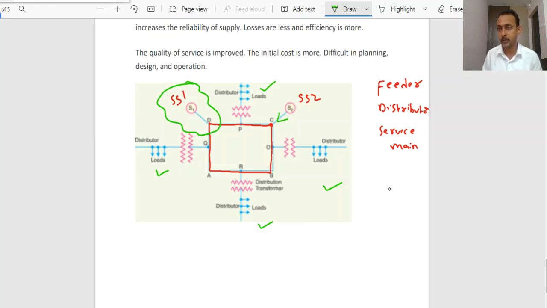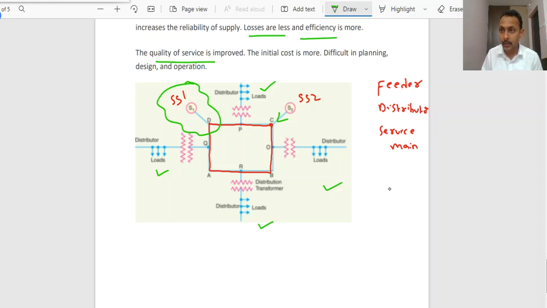That is the advantage. Continuity of the supply will be more, reliability will be more, quality of the service is improved, losses will be less, efficiency will be more, power quality will be good.